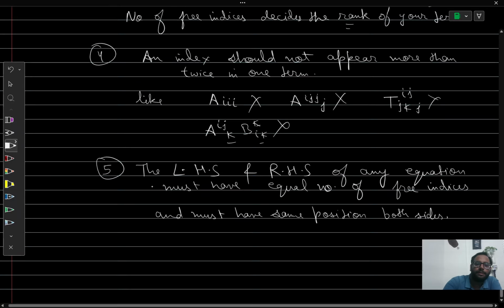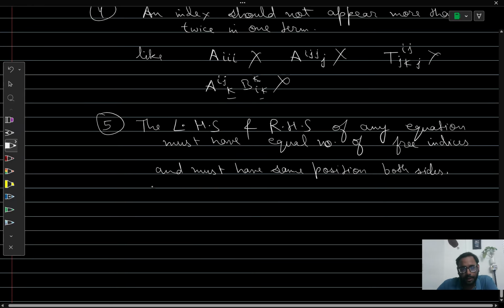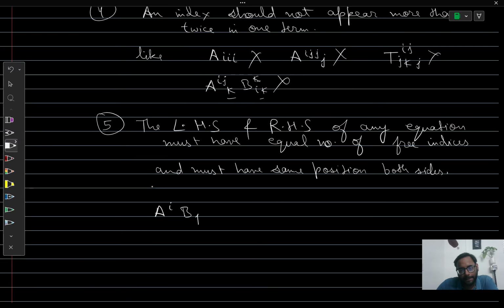Let's take an example. Suppose I have a^i b^j equals a^i b_k, and there is c^k, and there is a^j.